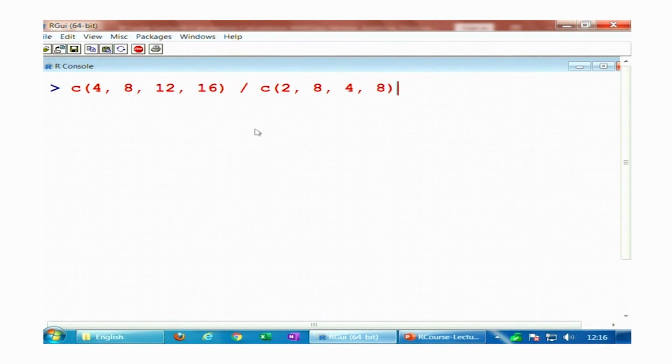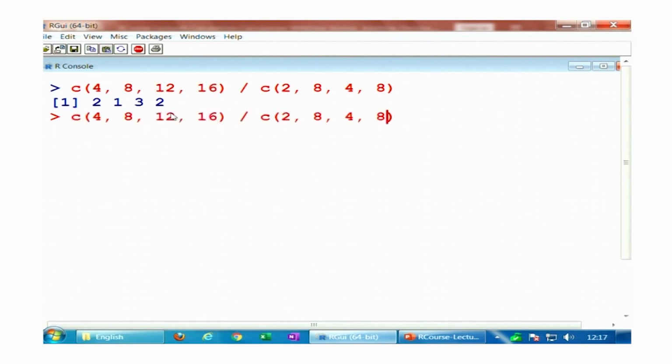So, if you try to see what will happen here, this 2, 8, 4, 8 will be divided by the respective position in the first data vector 4, 8, 12 and 16, and you will get an answer like 2, 1, 3, 2. 4 divided by 2, 8 divided by 8, 12 divided by 4 and 16 divided by 8.